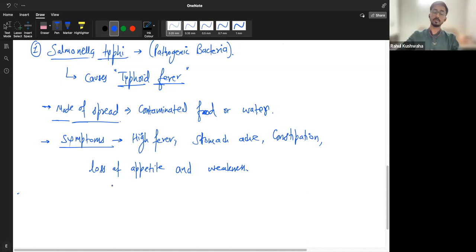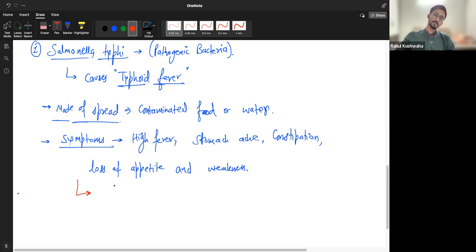Now, next thing is severe symptoms. So I'll write in red. These are just the general symptoms that occur in typhoid. Sometimes when this is unchecked, or you do not get a proper diagnosis or proper treatment started in time, then it can lead to very severe symptoms and severe cases.